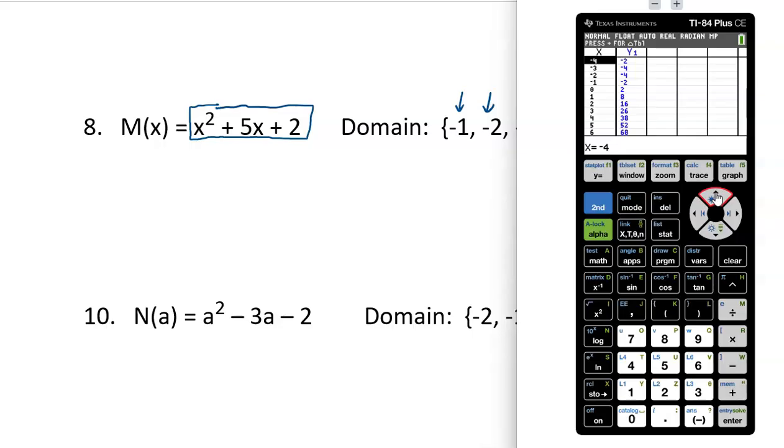So what are the corresponding y values? In the first row, when x is -4, y is -2. Or for our problem, m is -2. When x is -2, the output is -4. And when x is -1, the output is -2 again. So our range consists of -2 and -4.